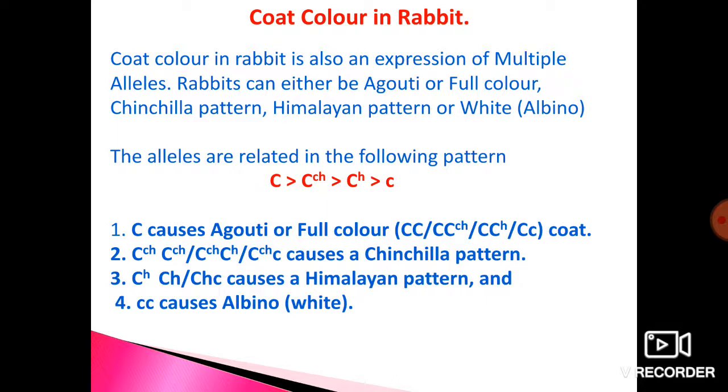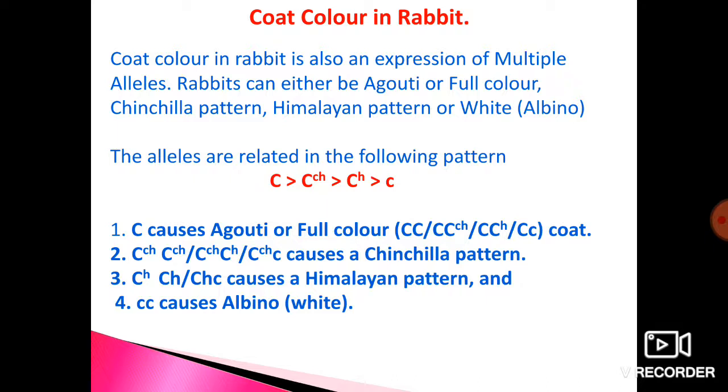Or it could be capital C and small c. In all of these 4 cases, the presence of capital C will cover all other characters and the expression will be agouti. But by the law of dominance, not pure agouti, except the first one, which is capital C capital C. The other 3 are heterozygous agouti.